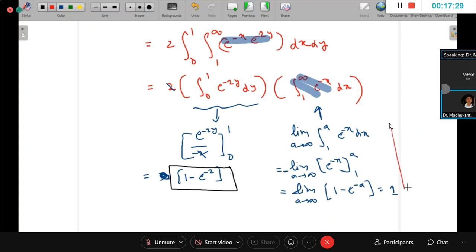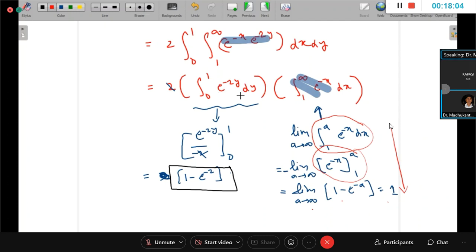Here is the procedure I have written down. If you recall, this improper integral is of the first kind. One of the limits is infinity, so you put a, evaluate that, and let the limit a tend to infinity. You can integrate this properly, put upper limit minus lower limit, and then letting a tend to infinity gives you the value 1. So this value is a constant 1.